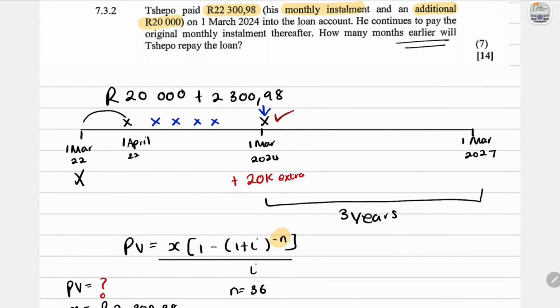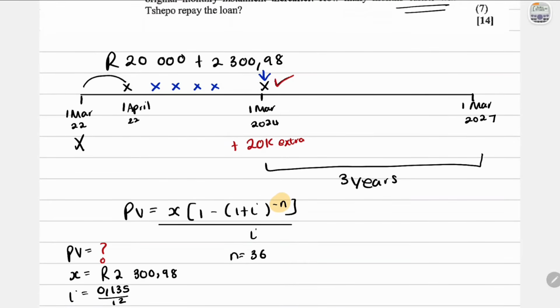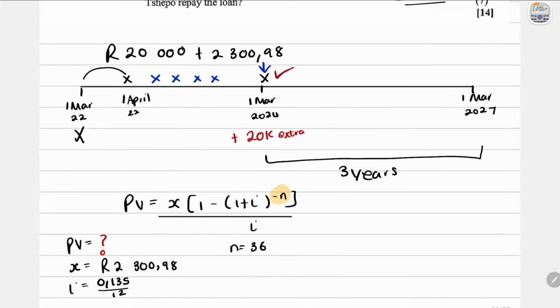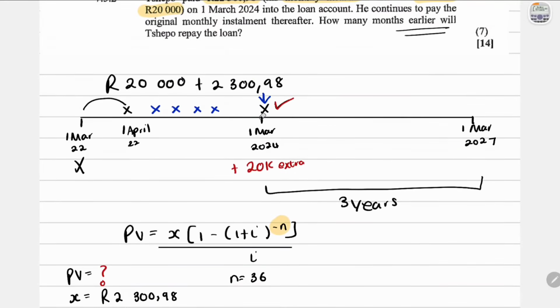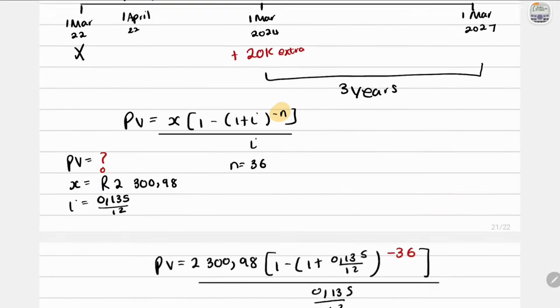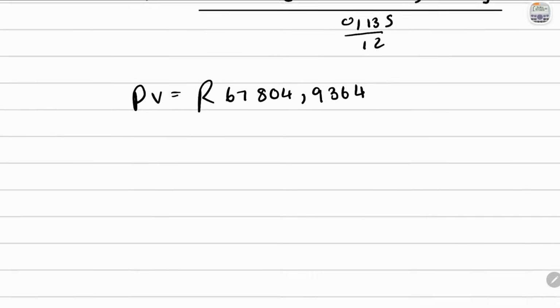Okay, this is when he decides to put in that 20K. We still have to find out how much earlier he is going to finish paying off this loan. So now we know how much he owes here. He owes them 67,000. But what happens at this point? He pays off 20,000. So we're going to remove that because on that day he goes to the bank and pays them 20,000.